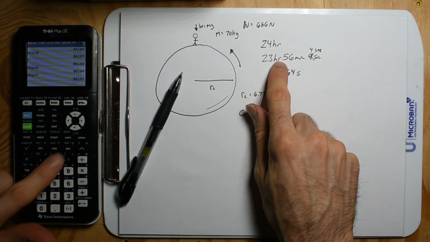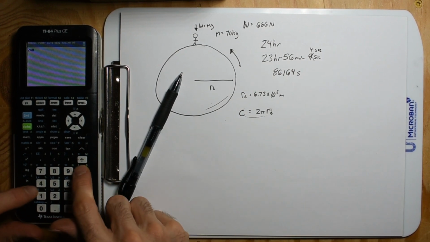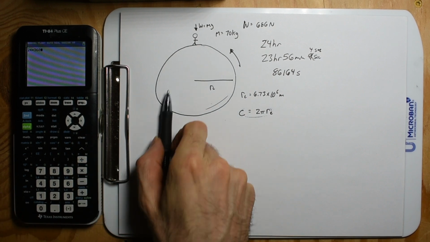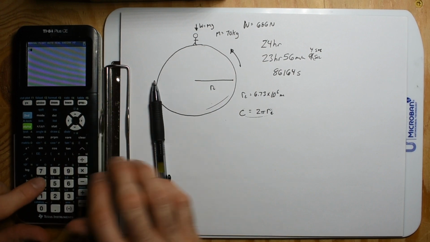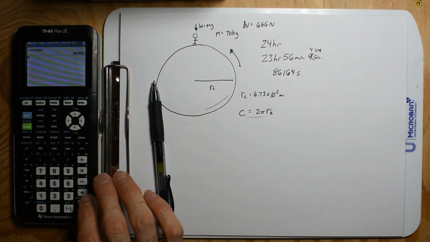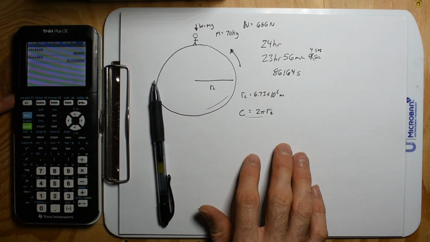And so where this number comes from is you take 24 hours, that's 3,600 seconds each, times 365 days in a year. So you have this many seconds.